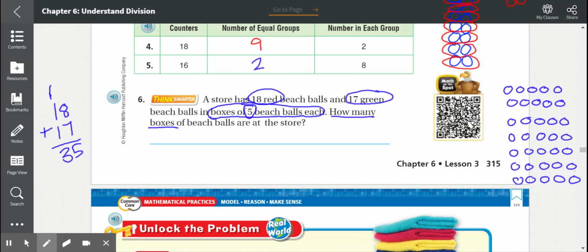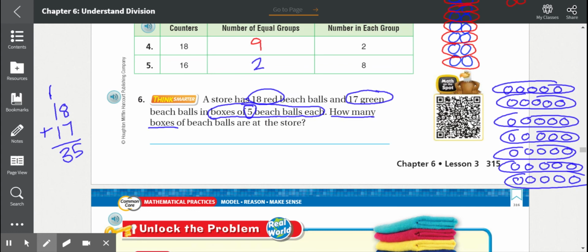So that's how many groups of 5? 1, 2, 3, 4, 5, 6, 7. So that's 7 groups, or in this problem, that would be 7 boxes.